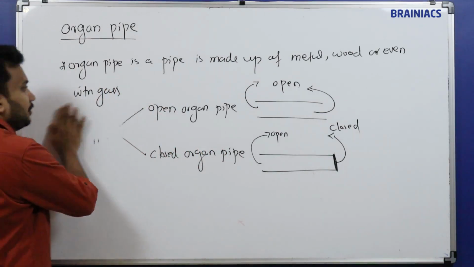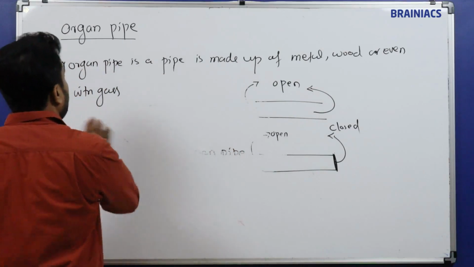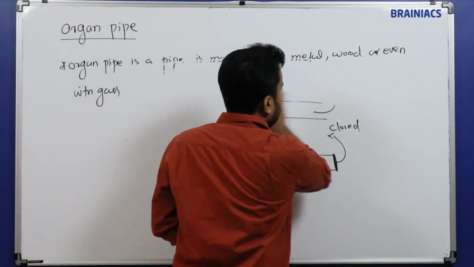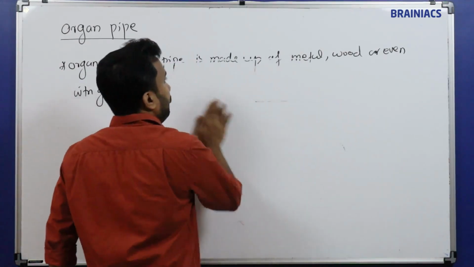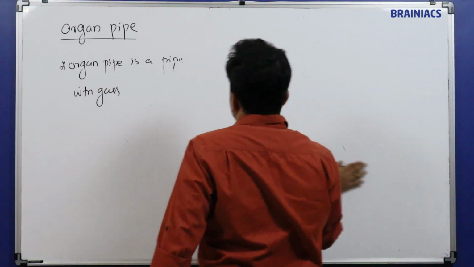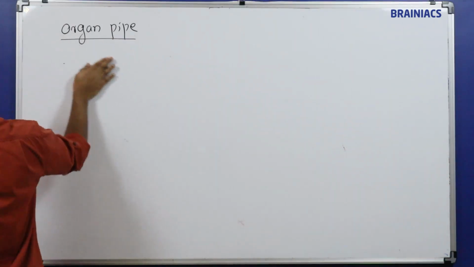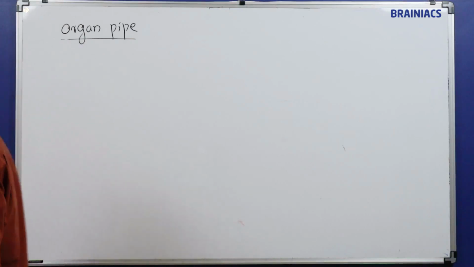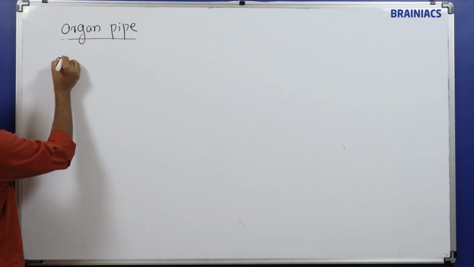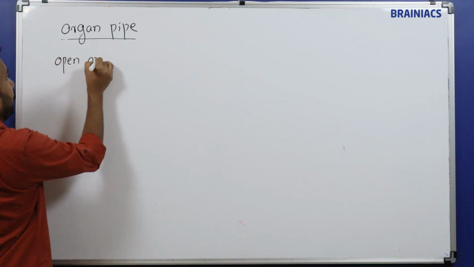So please write the first subheading under the organ pipe. This is called open organ pipe. First we will start with the open organ pipe. Now we know the difference between the open organ pipe and closed organ pipe, right? Open organ pipe means both sides are open.